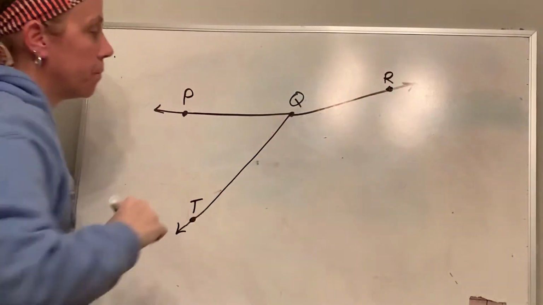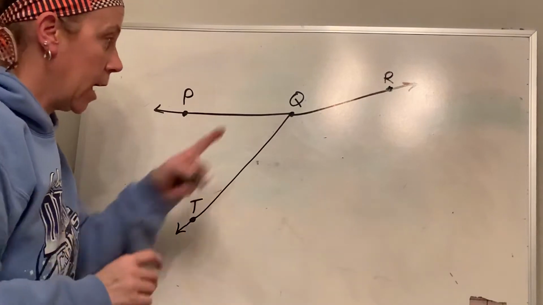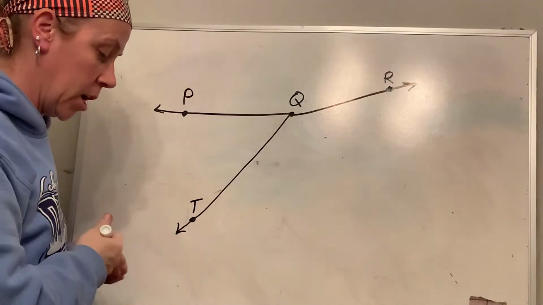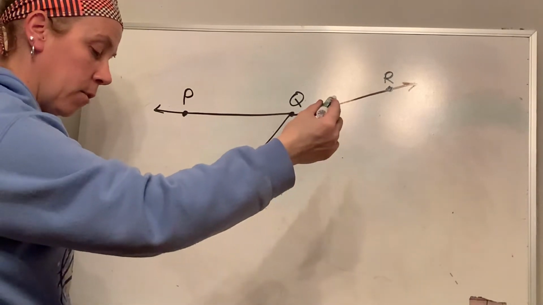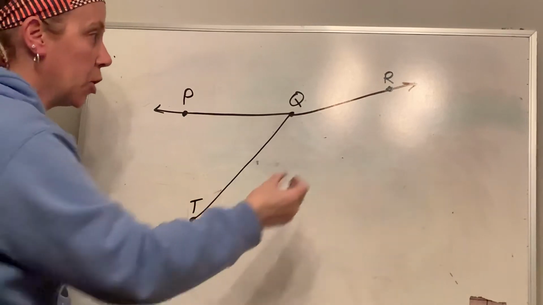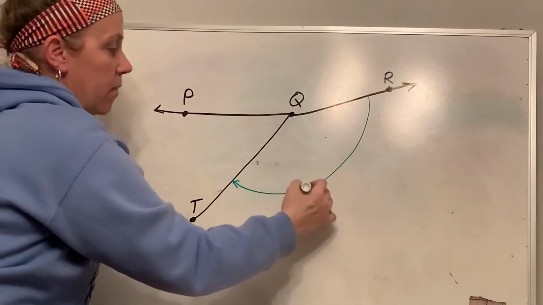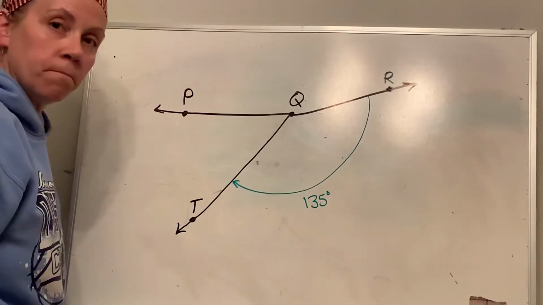QR. All right, so if you look at number 2 on page 265, it looks similar to this. And it gives us some information. And it says from ray QR to ray QT, that equals 135 degrees. Okay?